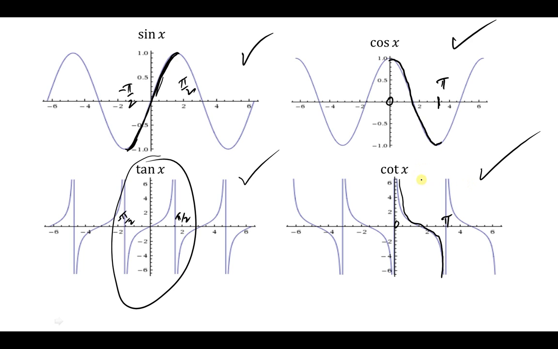Alternatively, I have seen them restricted to be from minus pi over 2 to 0, and then 0 to pi over 2.